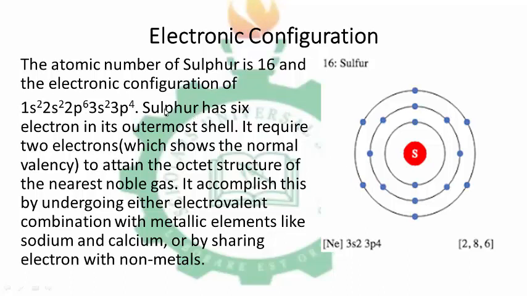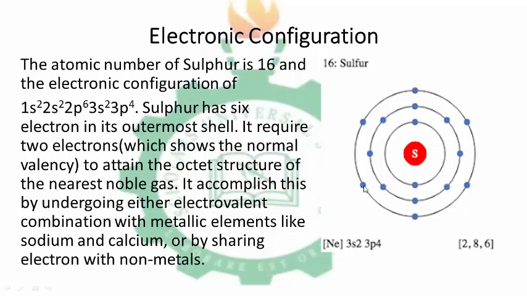From the electronic configuration, sulfur has 6 electrons in its outermost shell. The outermost shell is the third shell, the 3s and the 3p, which have 2 electrons and 4 electrons respectively. When you sum up, that's 2 plus 4, which is 6. If you count it, that's 1, 2, 3, 4, 5, 6.